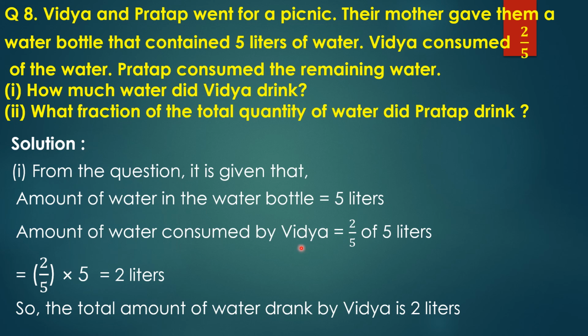Amount of water consumed by Vidya equals 2 by 5 of 5 liters. Therefore, 2 by 5 into 5 equals 2, because here 5 and 5 will get cancelled with each other and the remaining is 2 liters. So, the total amount of water drunk by Vidya is 2 liters.